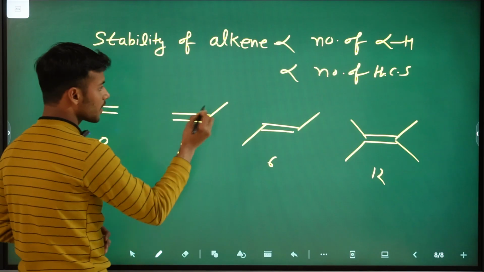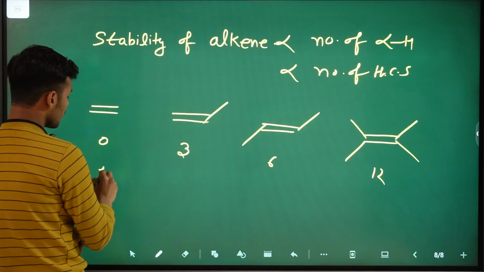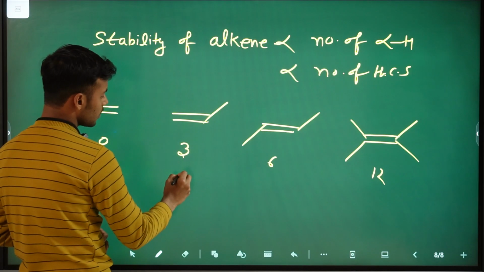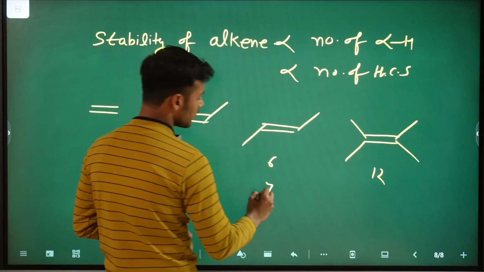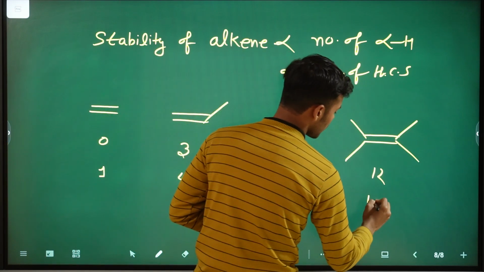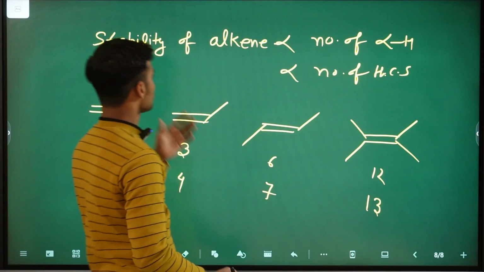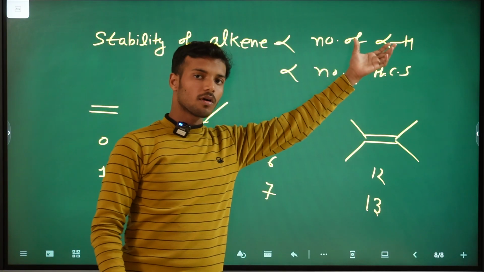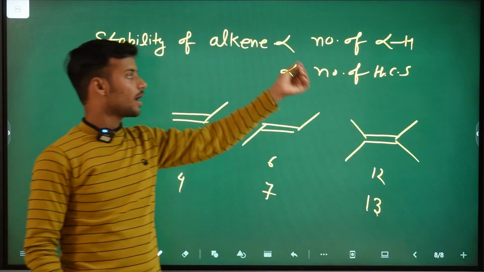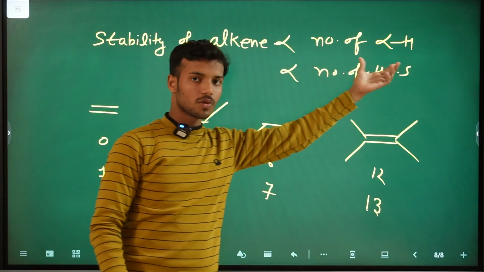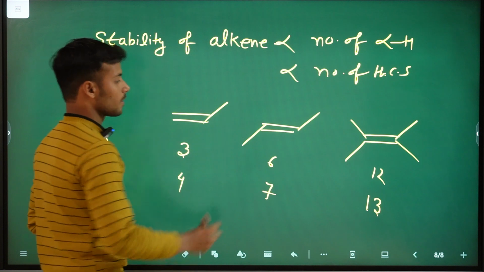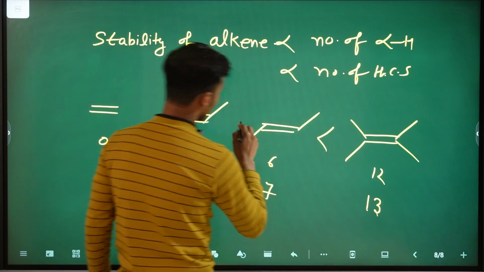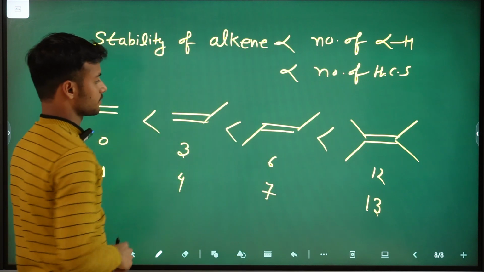And how many hyperconjugative structures? 0 plus 1, 1, 3 plus 1, 4, 6 plus 1, 7, 12 plus 1, 13. So the stability of alkene is directly related with the number of alpha hydrogens and number of hyperconjugative structures. So the stability order is like this.